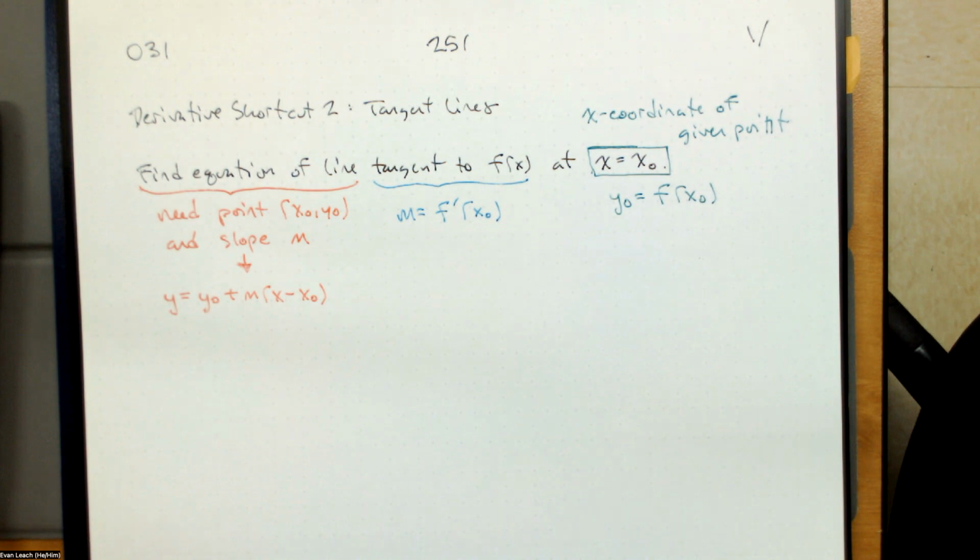We found equations of lines in the past. Now we're putting that together with this new idea: find the derivative, plug in the point. So when I say f prime at x naught, we find the derivative first, then plug in x naught. If we just plug in x naught first, we'll have a constant, the derivative will be 0, and all lines will be flat.